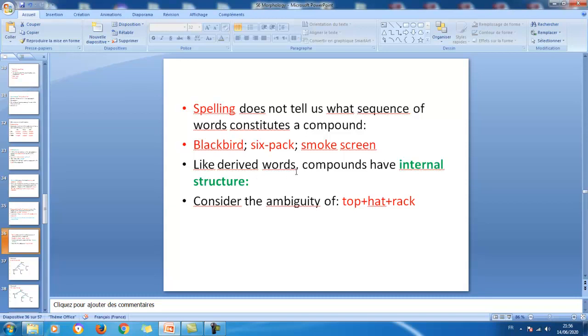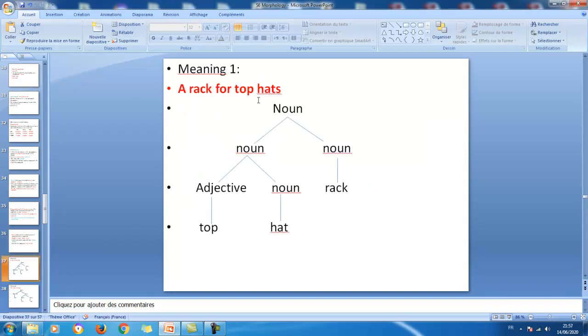Now, like derived words, compounds have internal structure. Consider the ambiguity of top hat rack. This is a compound word that can be interpreted in two different ways, which means it has two different meanings. Meaning number one is a rack for top hats. So we have a noun composed of an adjective and noun, top hat, plus rack.